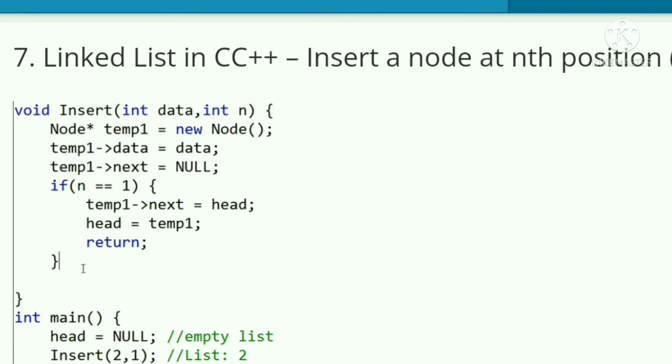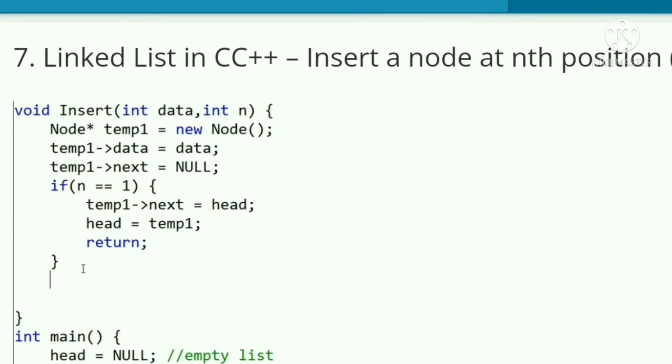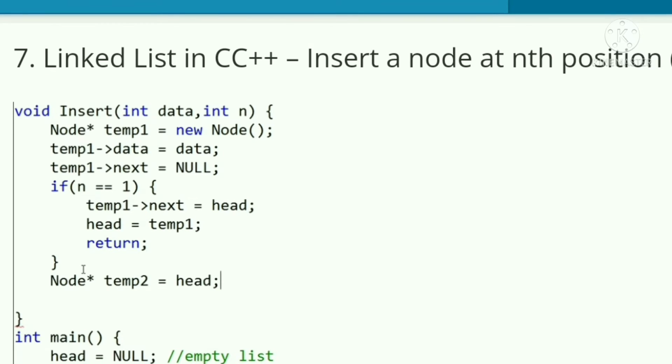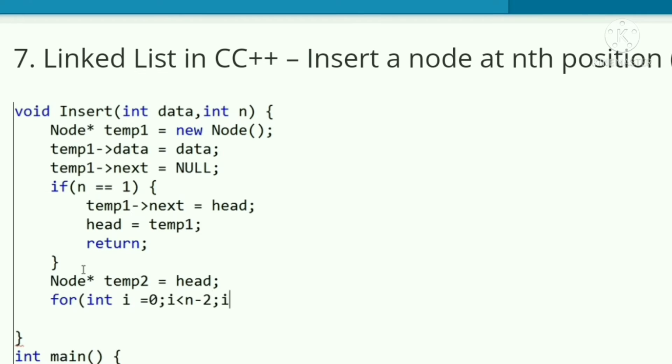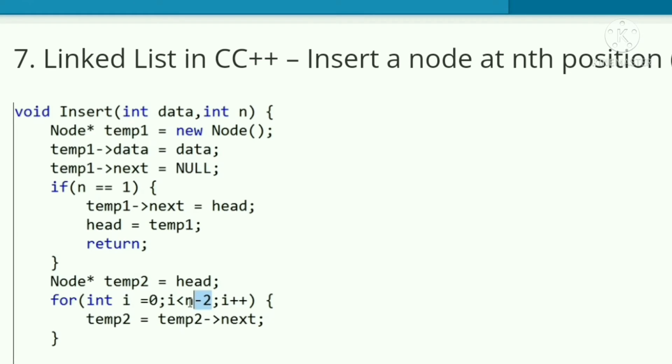Now for all other cases, we will first need to go to the n-1th node, as we had discussed in our logic initially. So what I'll do is I'll create another pointer to node, name this variable temp2, and we will start at the head, and then we will run a loop and go to the n-1th node, something like this. We will run the loop n-2 times, because right now we are pointing to head, which is the first node.